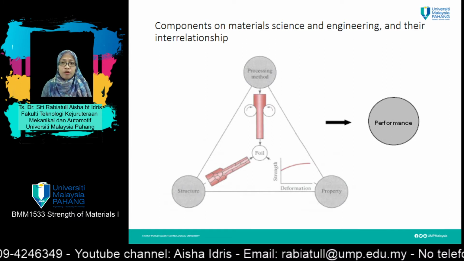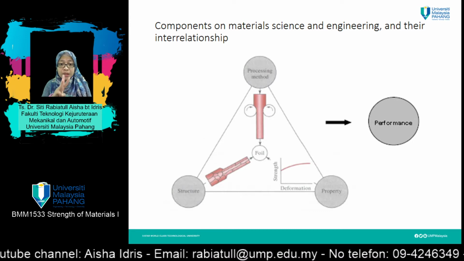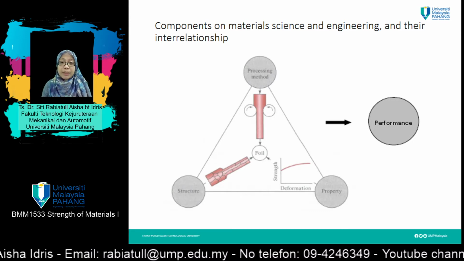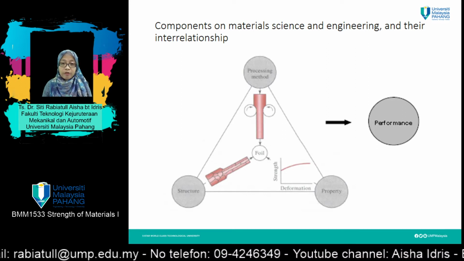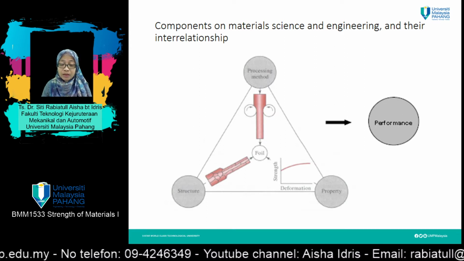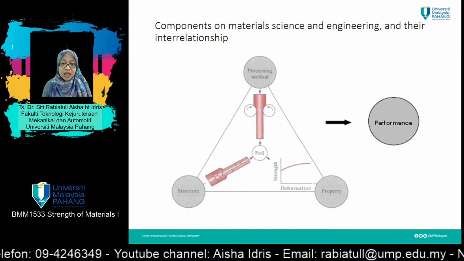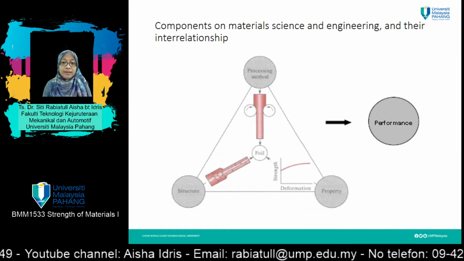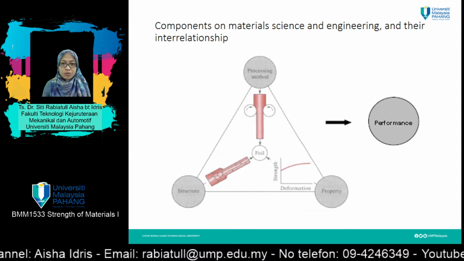And the performance of those materials listed just now actually depends on three items: number 1, processing methods, number 2, structures, and number 3, properties. For example, if you choose different processing methods to produce the same structure, which is metal, for example, the structure itself will change, and this will affect its properties or its strength, which finally will affect the final performance of that structure.